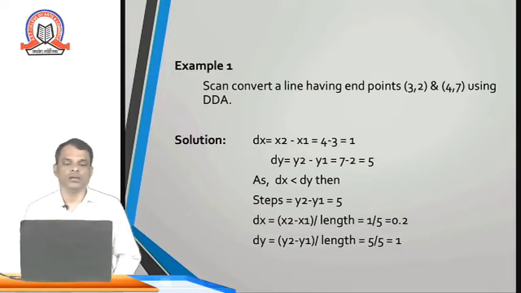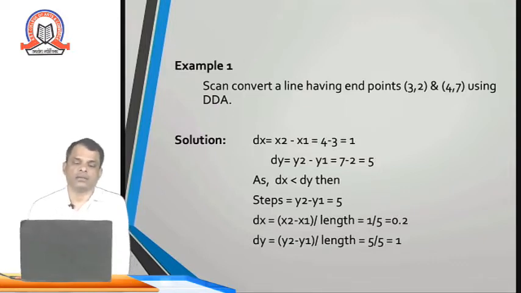So dx upon length: dx is 1 and the number of steps is 5. So my incrementing factor will be 0.2.